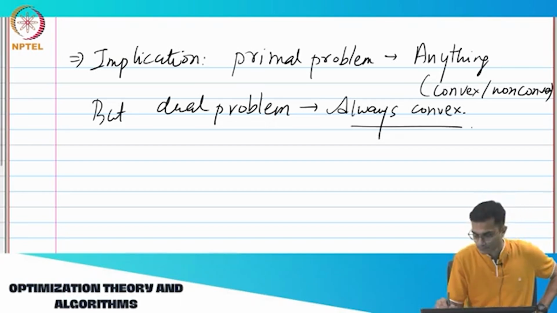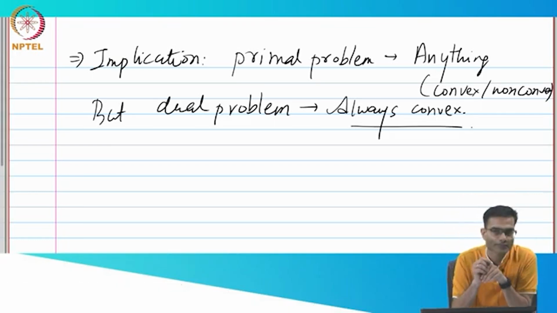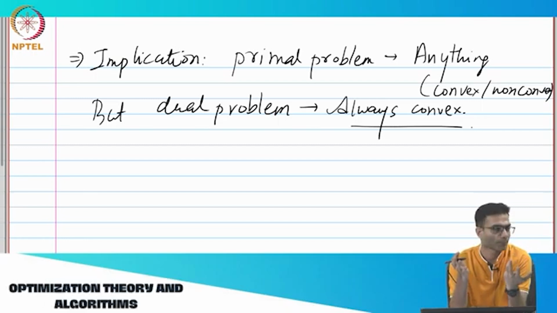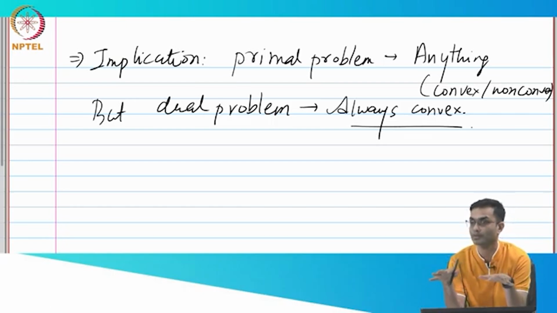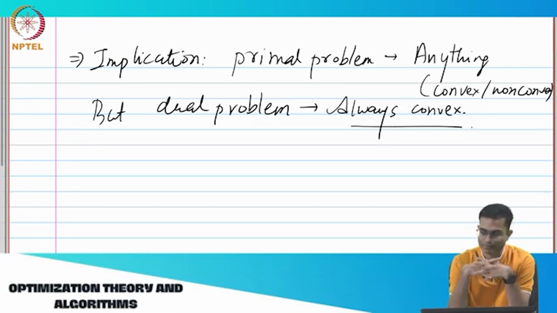So that's a very useful fact to know. In fact, previously we had taken a simple example, and we saw that the primal approach gave us one solution, and the dual approach gave us the same solution. So if the primal problem is difficult to solve, I can formulate its dual, and if I can solve it, I have a second way of arriving at the solution. So that's the power of it.